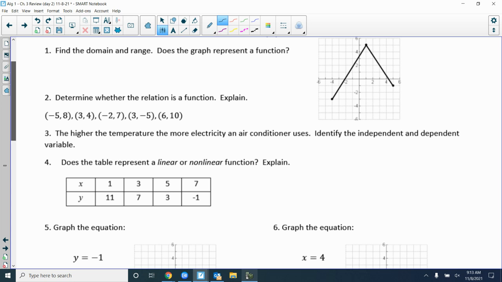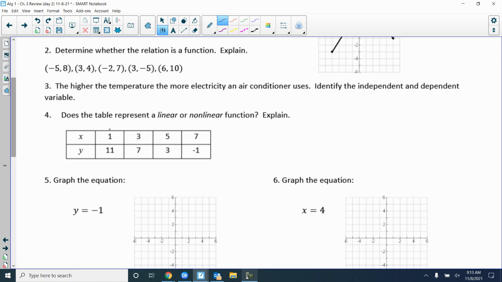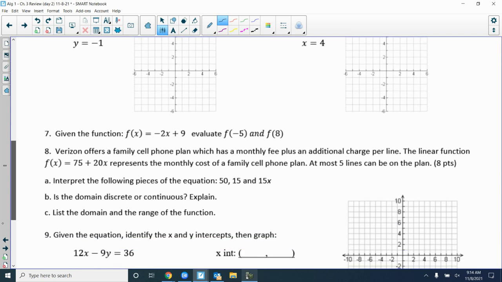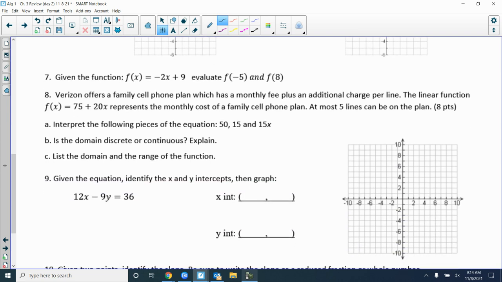All right, for number 4, I need to see this on the test for you to get full credit. When it's asking if it's linear or nonlinear, you need to show this as well as use the explanation. Now remember, I actually screwed up on that, and we changed it.